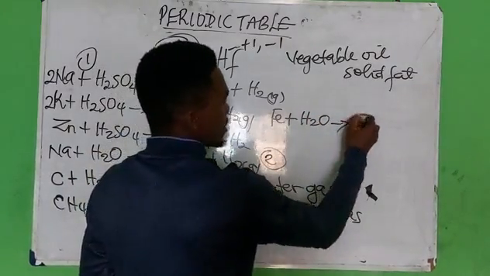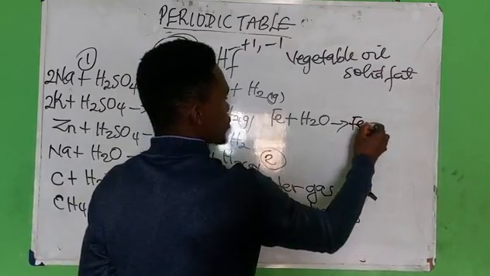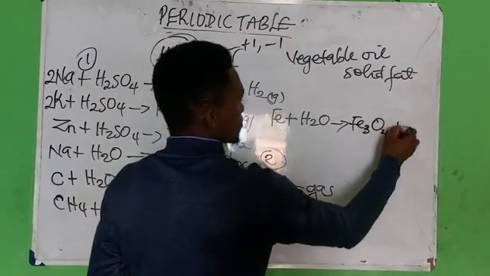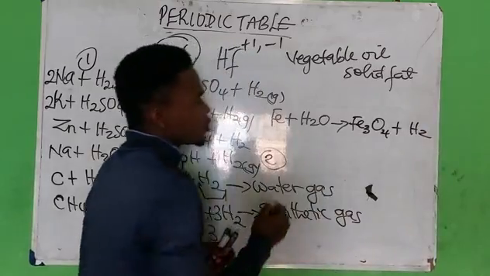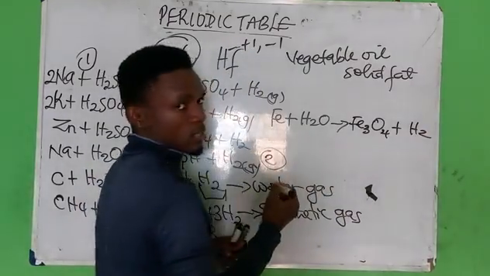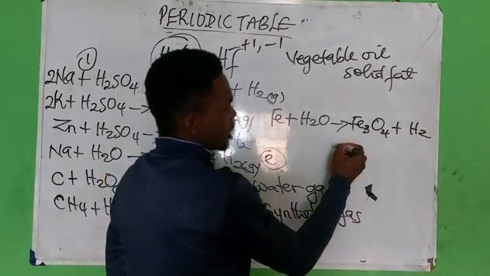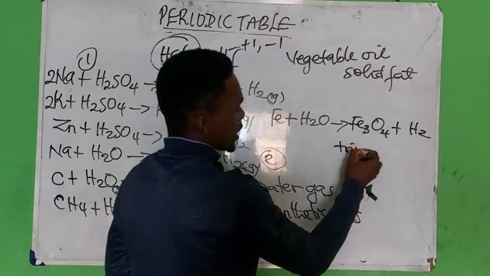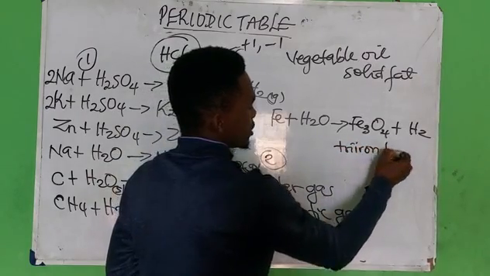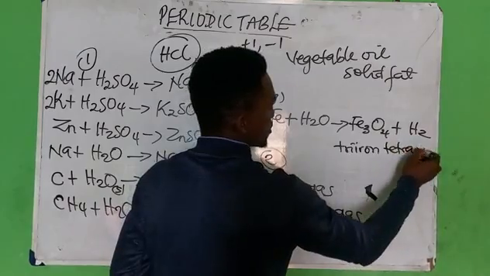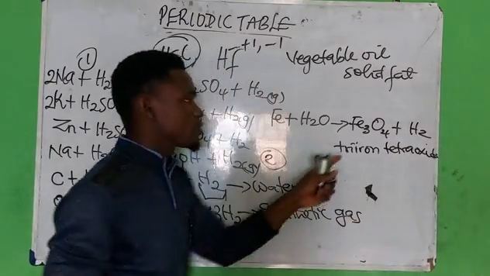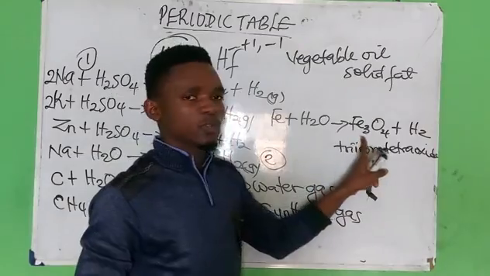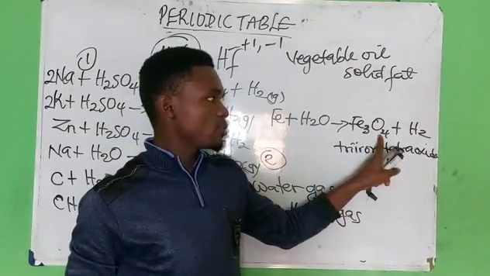In doing that, iron gives this compound. So this compound is called triiron tetraoxide. It is called triiron because it has 3 atoms of iron and 4 atoms of oxygen.